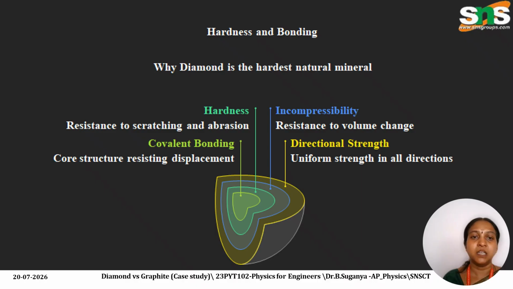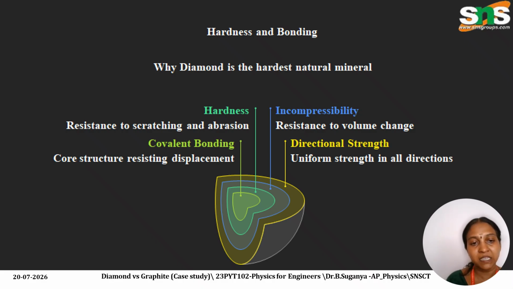Hardness and bonding: why is diamond naturally hard? Hardness is the resistance to scratching and abrasion. Incompressibility is resistance to volume change, and covalent bonds are another reason.